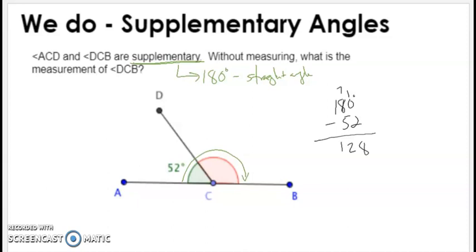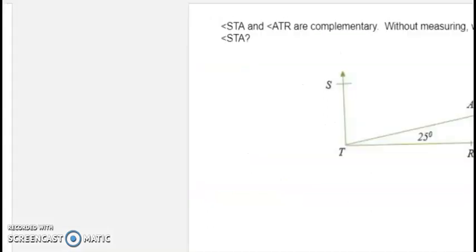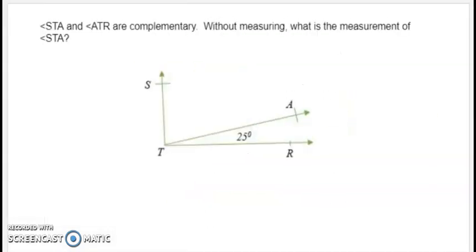We can figure out that angle DCB must be 128 degrees because 128 plus 52 make 180. So you need to pause and write that down. Go ahead. I hope that makes sense. That's how supplementary angles work. And on the next slide, we're going to do a similar problem with complementary angles, not much more complicated.